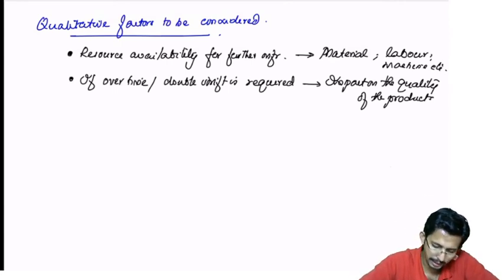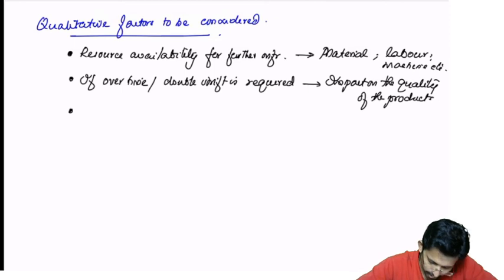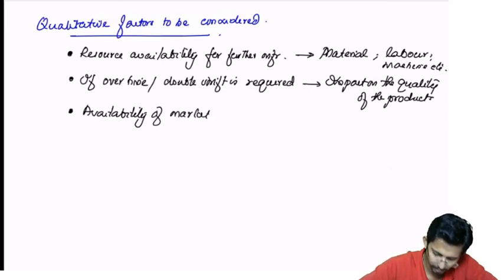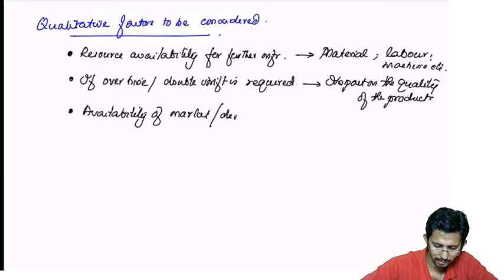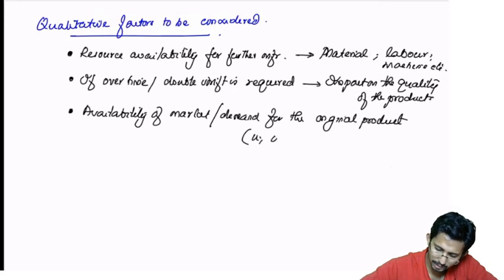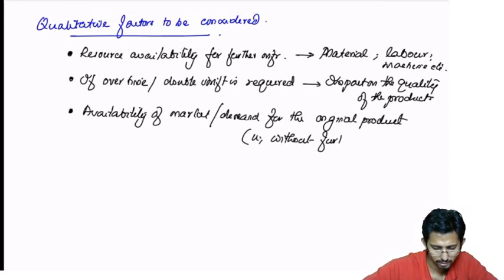Okay, then next you have to see availability of market or demand for the product, for the original product. In bracket you can write that is without further processing.